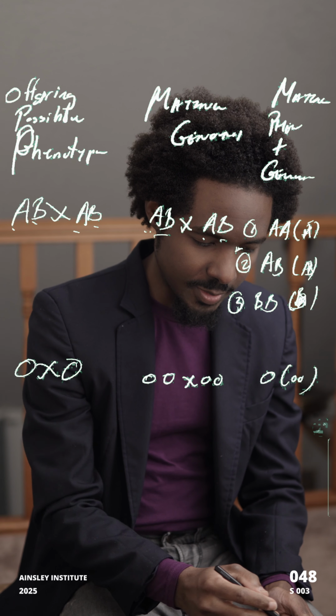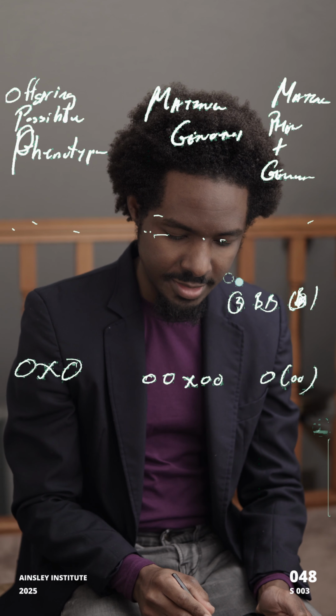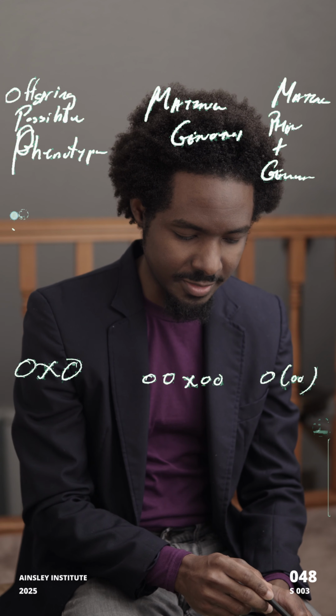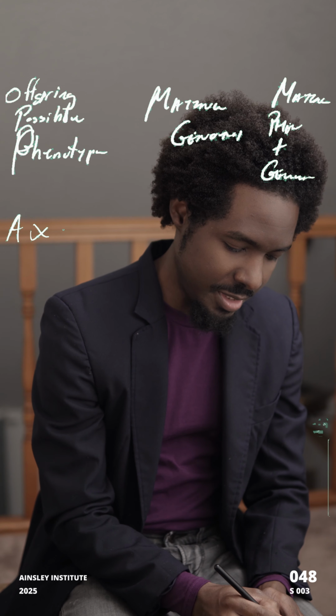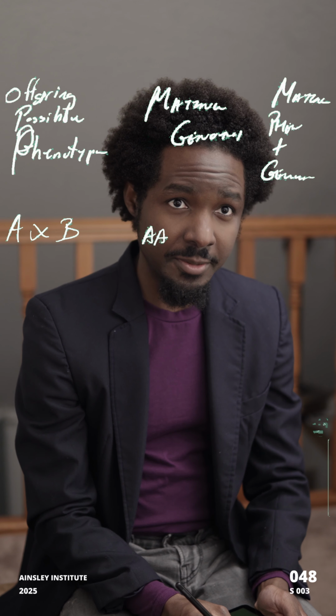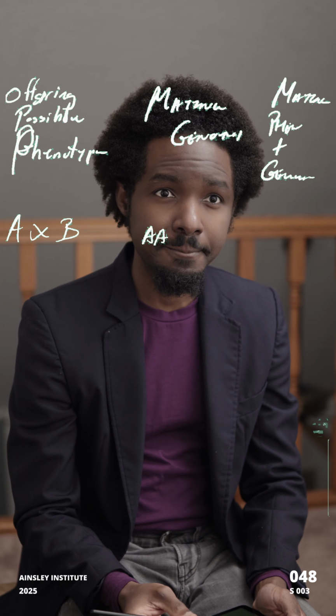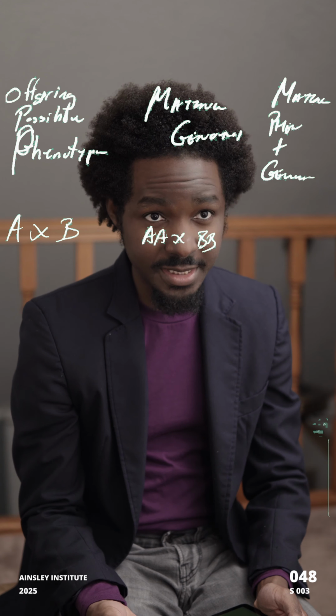So let us look at mating with someone who is of a different blood group. So if you may be A, and your partner is probably B, what do we expect? So one person is going to have AA. That is a possibility, right? The other person may be BB. That's a possibility.